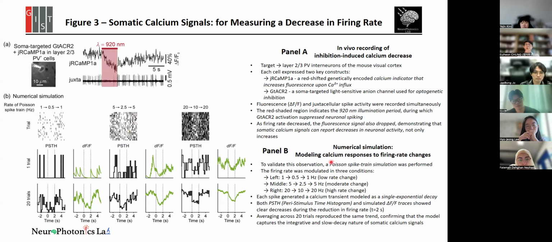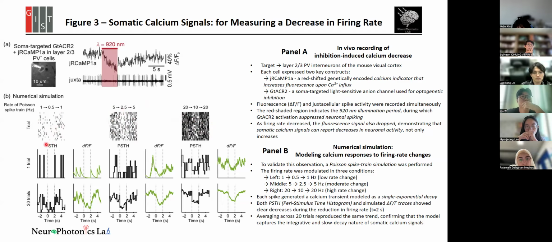And panel B illustrates the calcium responses to changes in firing rate using a Poisson spike train simulation. Here, this part is showing the firing rate, and in the left part the frequency changed from 1 to 0.5 and came back to 1 hertz. The middle one and the right one are the same, but the numbers are different.